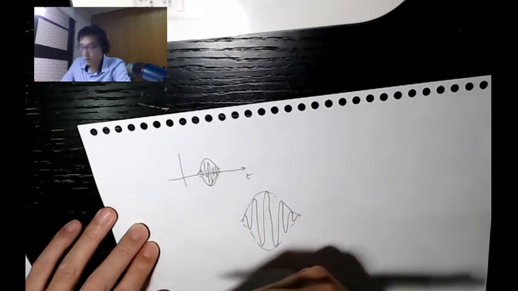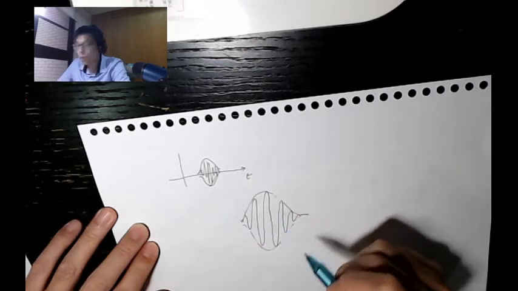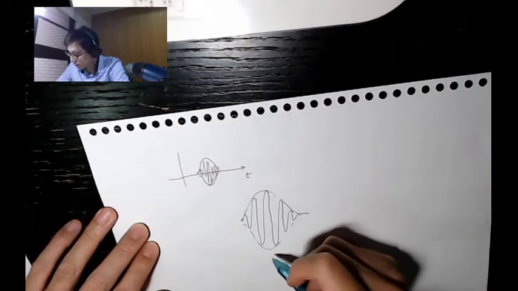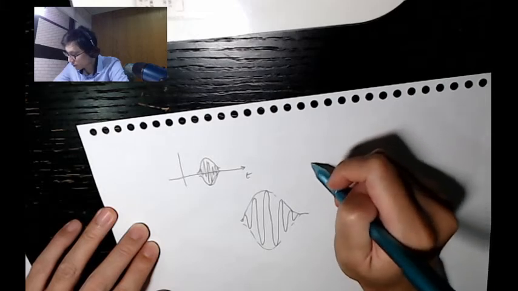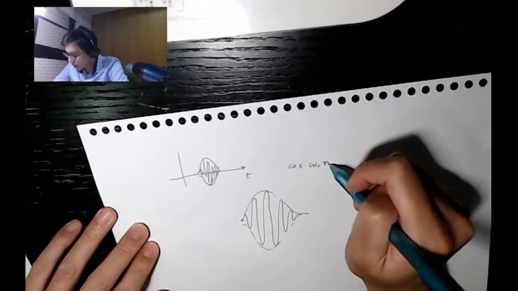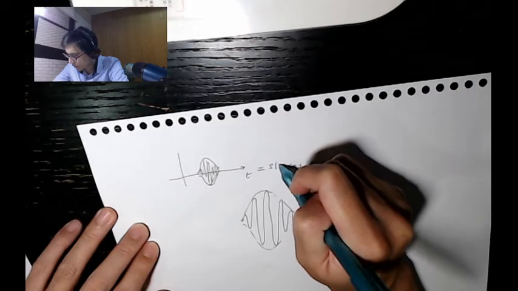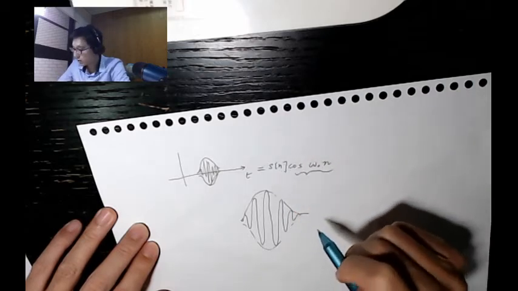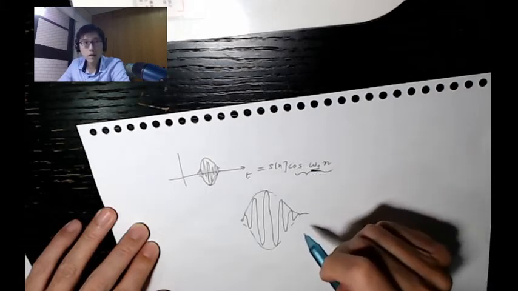It's entirely possible to design a system. Let's say the carrier frequency is omega 0, and the signal is expressed as some kind of envelope signal times cosine of omega 0 n, where omega 0 denotes the carrier frequency.